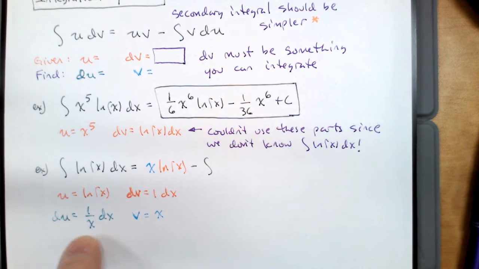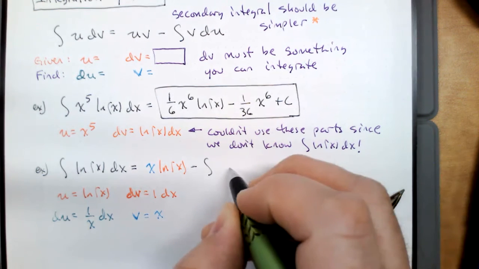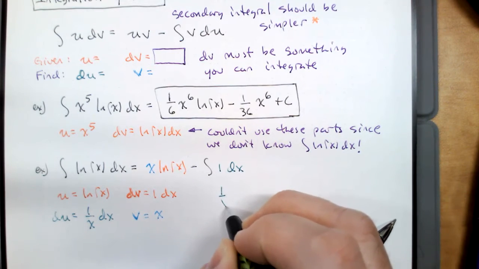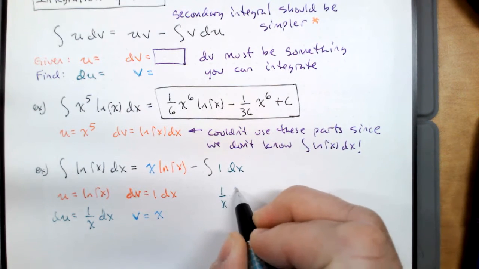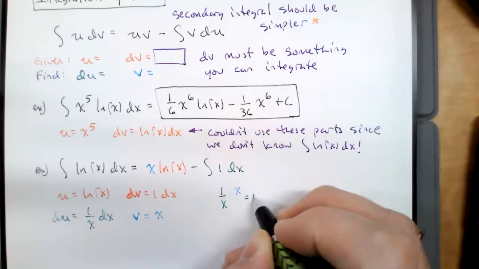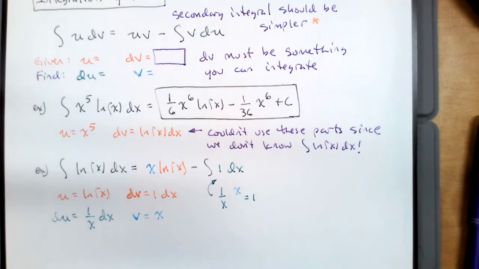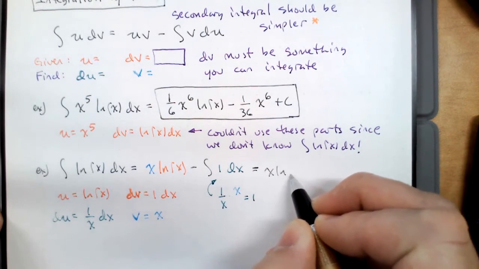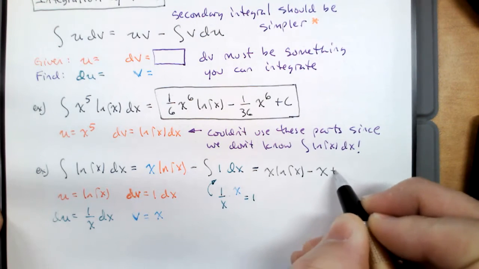Here, when we multiply v times du, x times 1 over x cancels out, and we're just left with dx, because 1 over x multiplied by x is just equal to 1. Now we can integrate the 1, that's our secondary integral. And we find out the integral of natural log of x is x ln x minus x plus c.